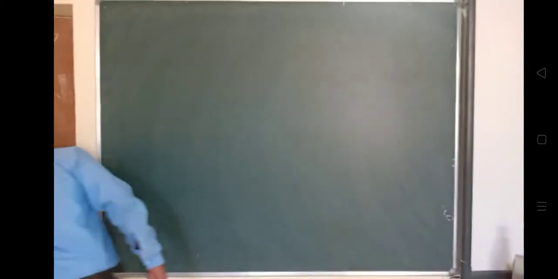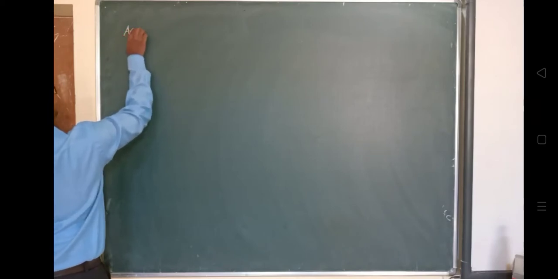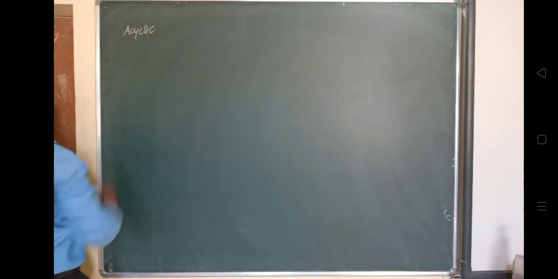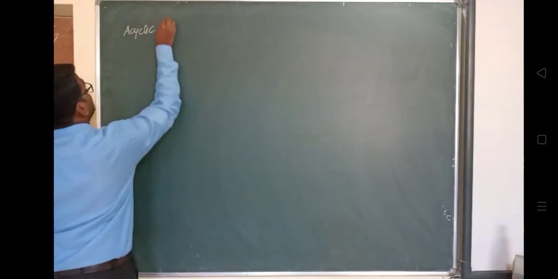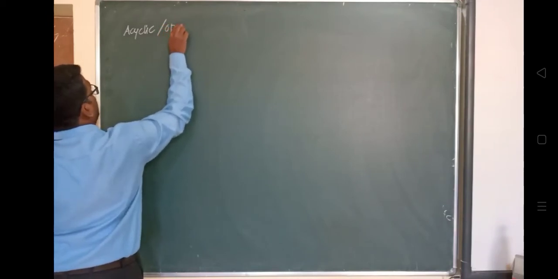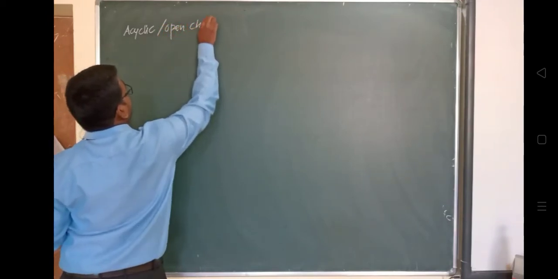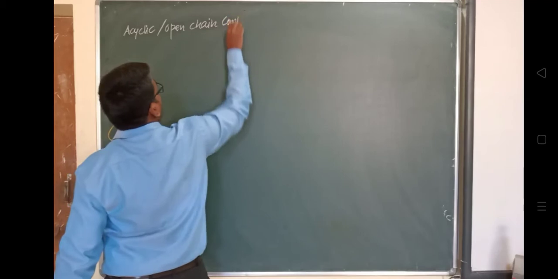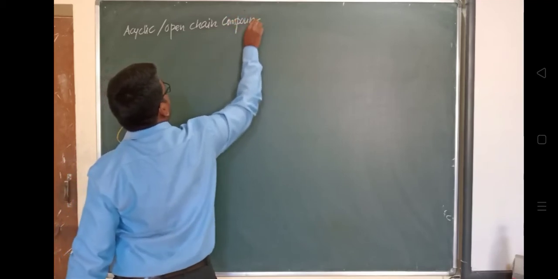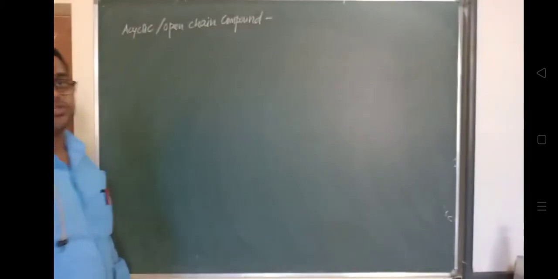The very first classification is acyclic classification. Acyclic is also called open chain compound. As the name says, the structure is open, meaning it will not be closed.